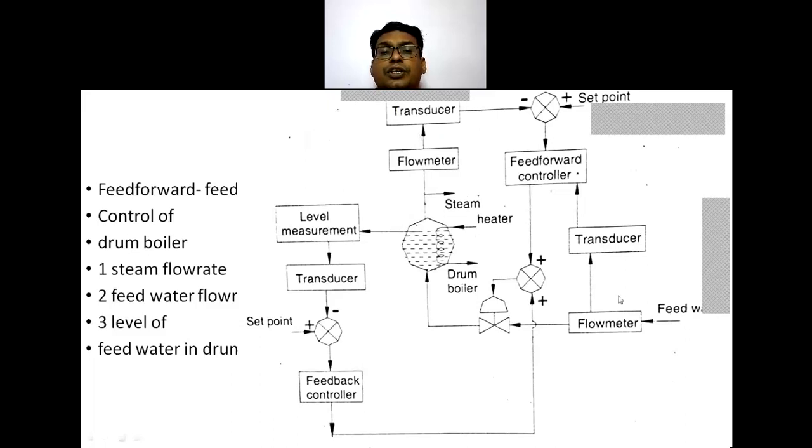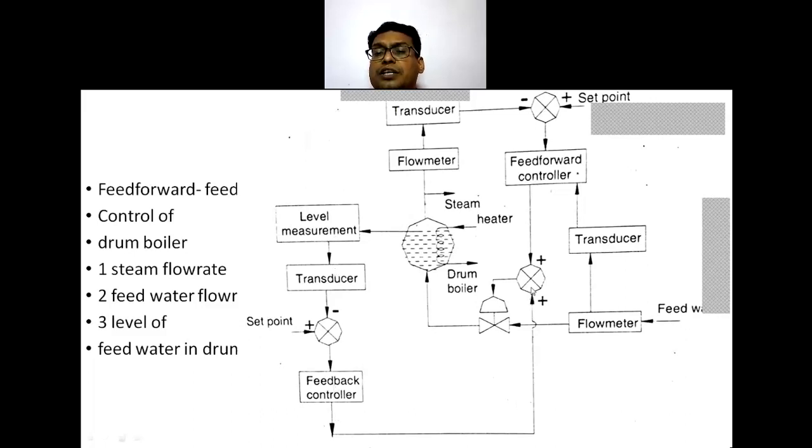and the feed water flow rate, that is also there. So two inlet flow rates, and the third one is your level of the feed water in the drum. This level is to be maintained. So level measurement, transducer, then feedback controller, and that is going to a comparator.